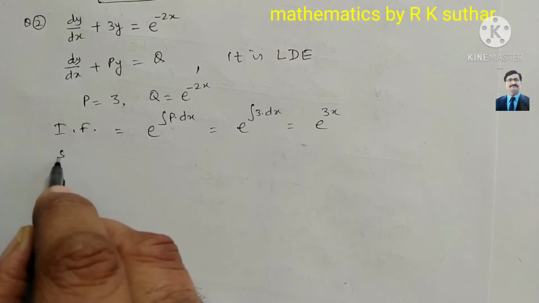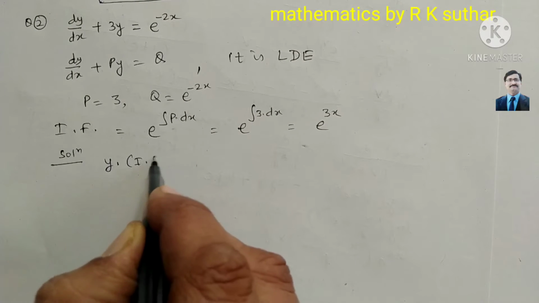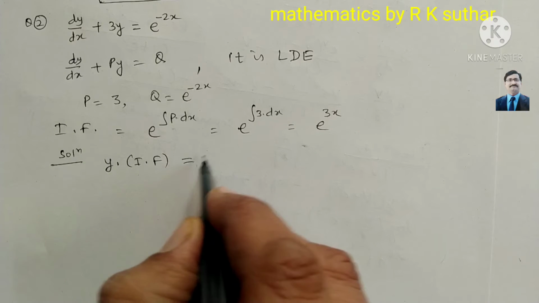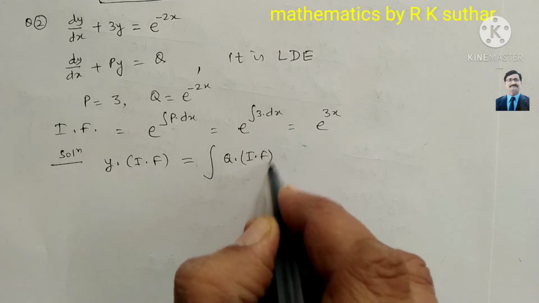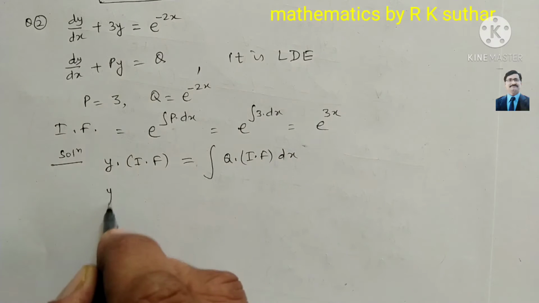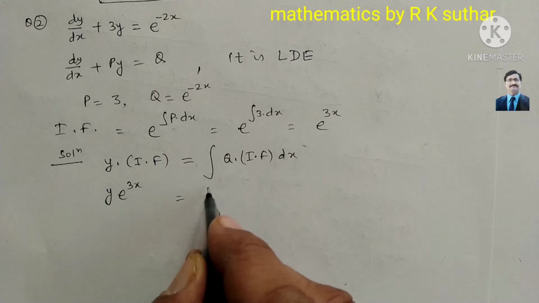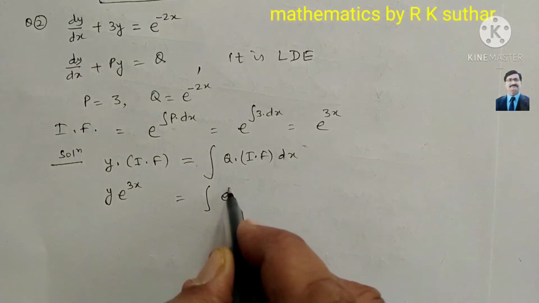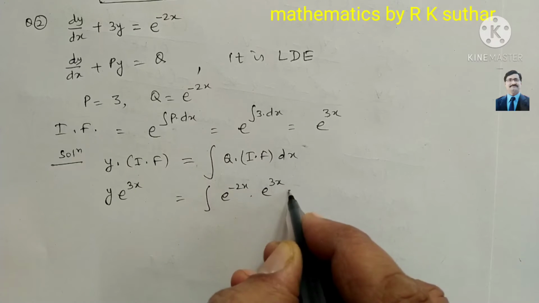Now we write the solution. The solution is y times the integrating factor equals the integral of Q times the integrating factor dx. The integrating factor we get is e^(3x), so we write y times e^(3x) equals the integral of e^(-2x) times e^(3x) dx.